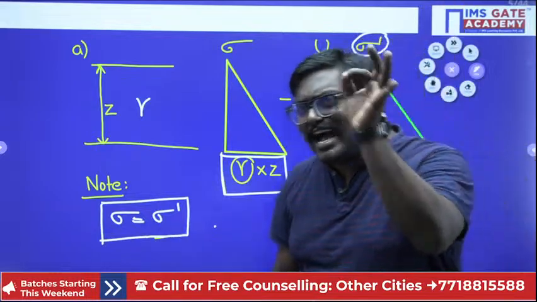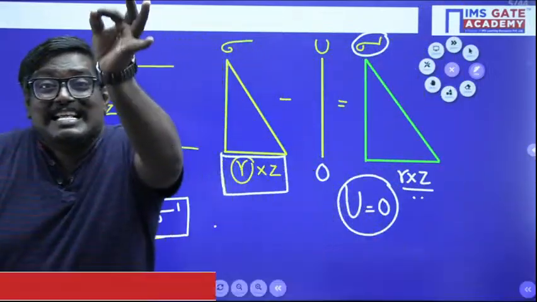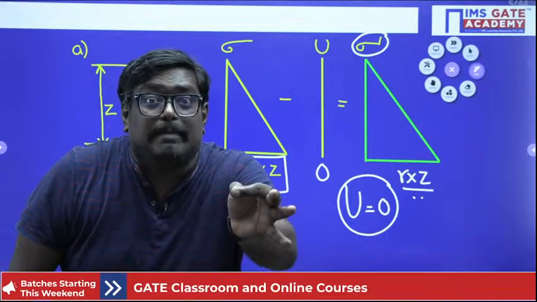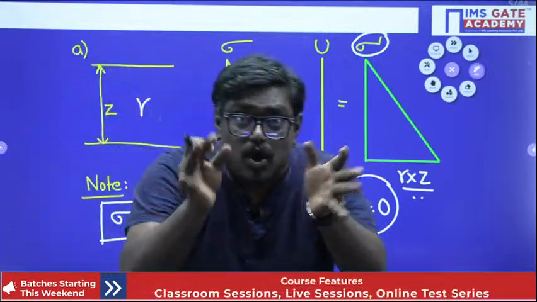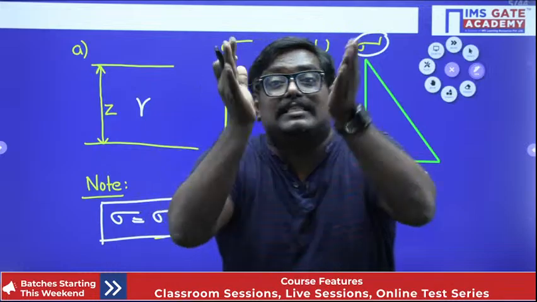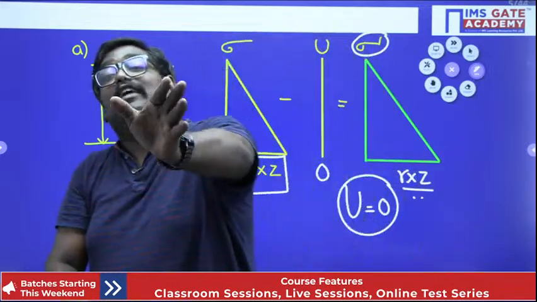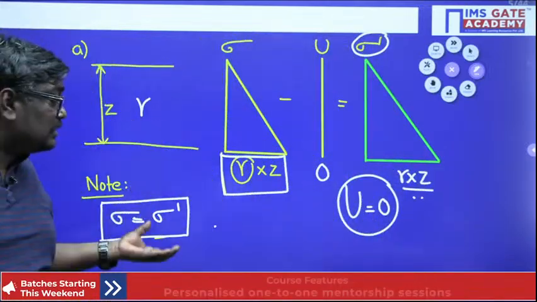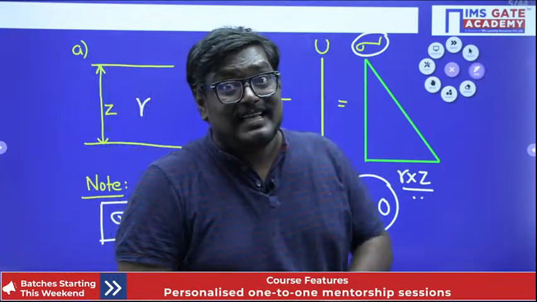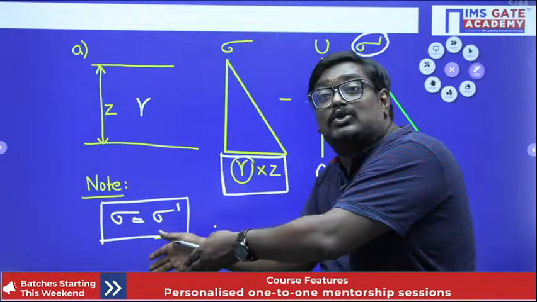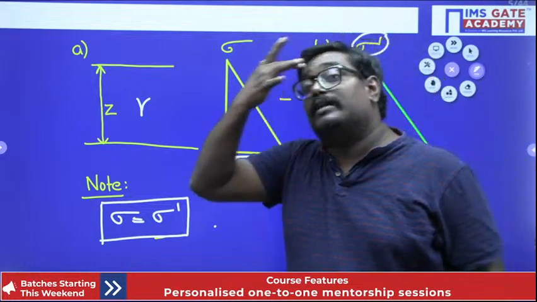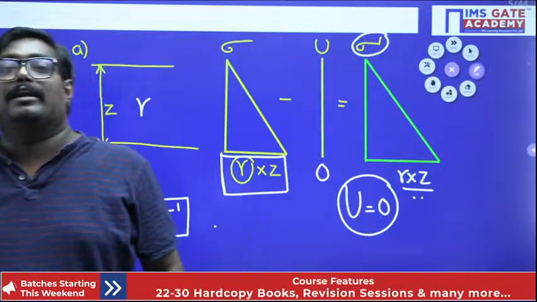So write down, my dear students, whenever there is no water table, total stress will be equal to the effective stress. It will be equal to the effective stress when there is no water table. That is a very, very important point.